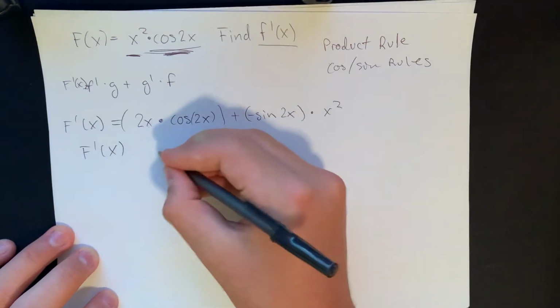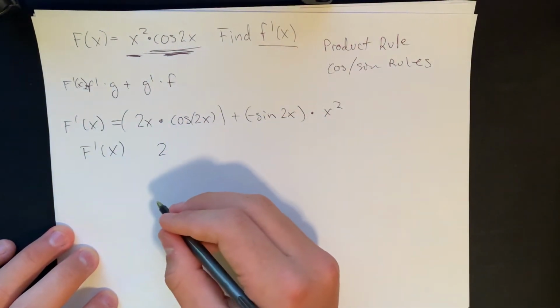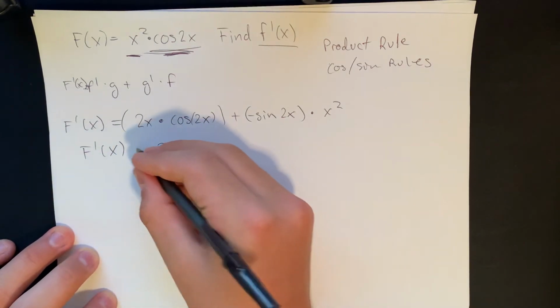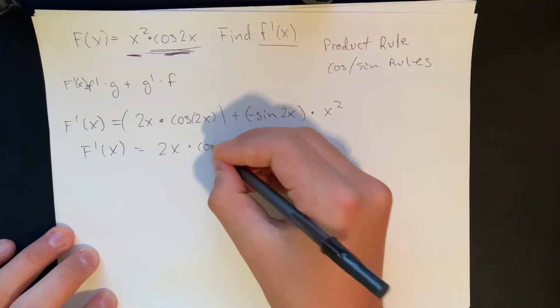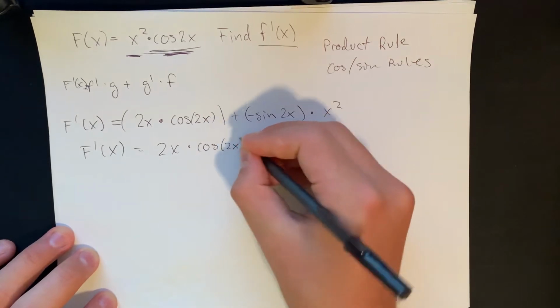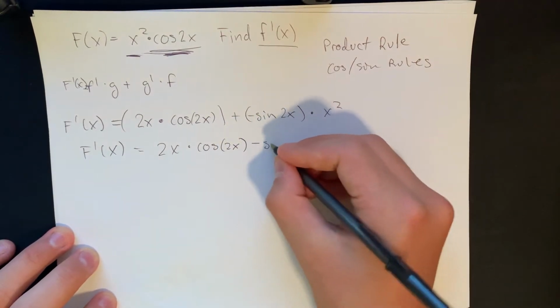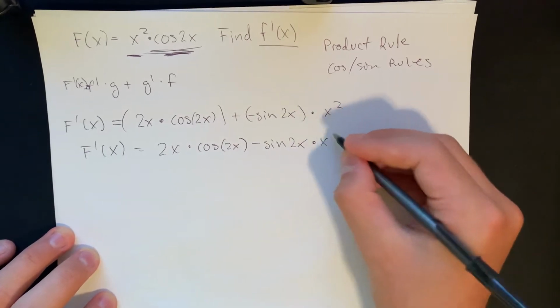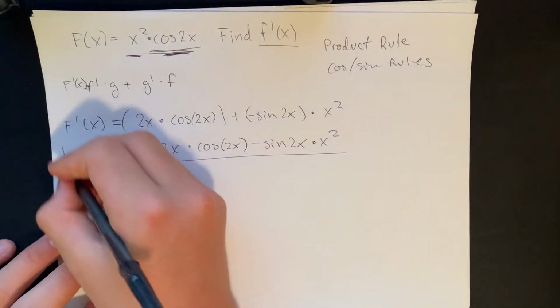So you just do 2x. You can just leave it as this, times cosine 2x minus sine 2x times x squared. That's your answer.